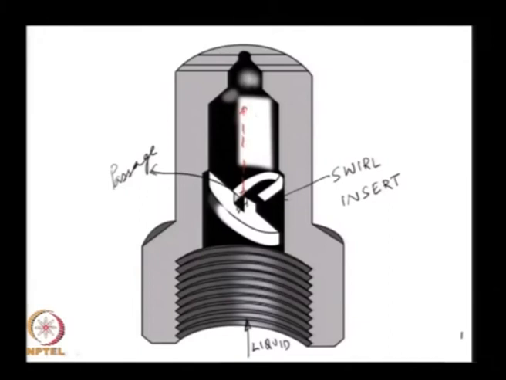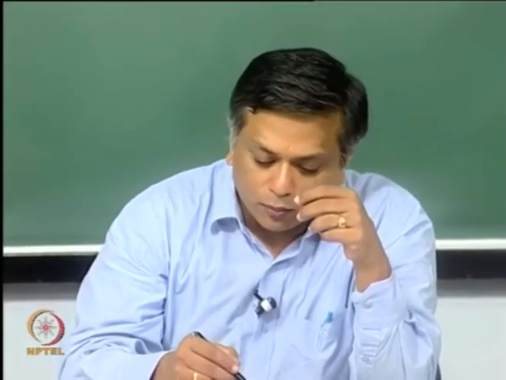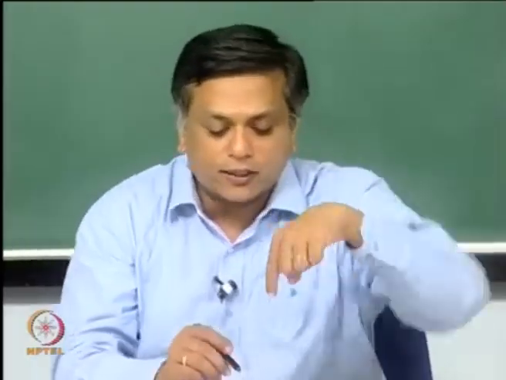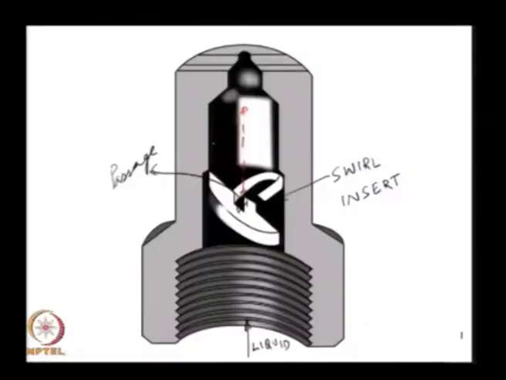Okay. That column of fluid that comes down the middle is also going to be in the vicinity of this swirl vortex that is formed inside the simplex nozzle. As a result, it is also going to be a swirling column of liquid that is going to come out in the form of a spray.